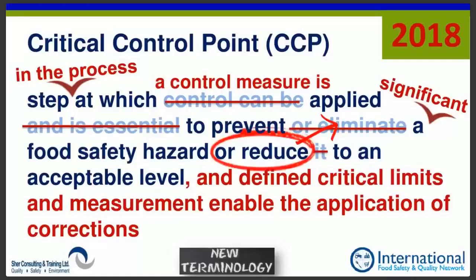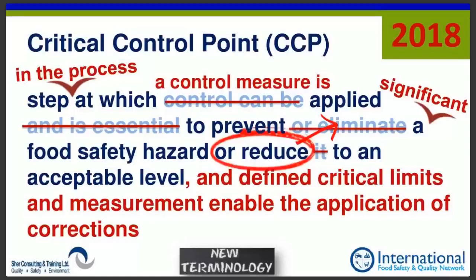The drama starts with the red part, which has been added in 2018, saying, and defined critical limits and measurement enable the application of corrections. Now, if we have a sieve that in the past was a CCP, it can't be a CCP anymore because it doesn't meet the new definition.